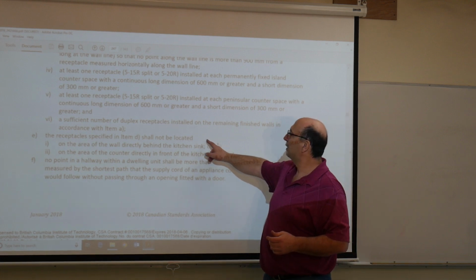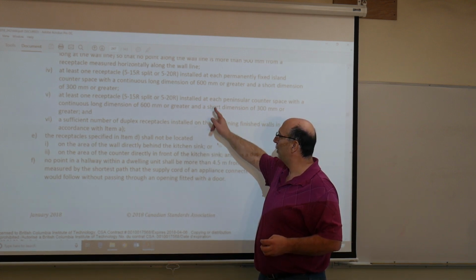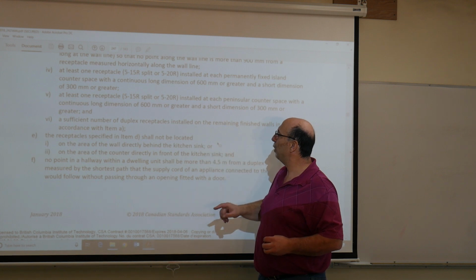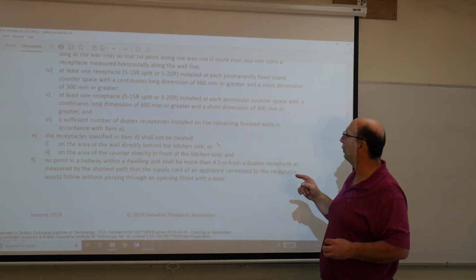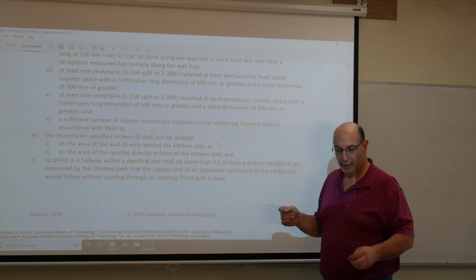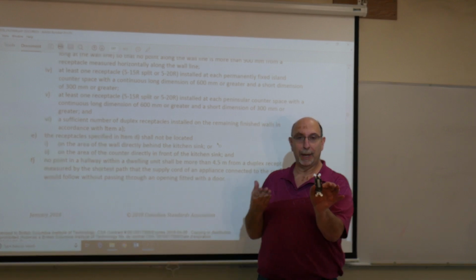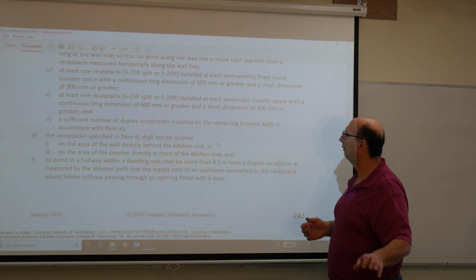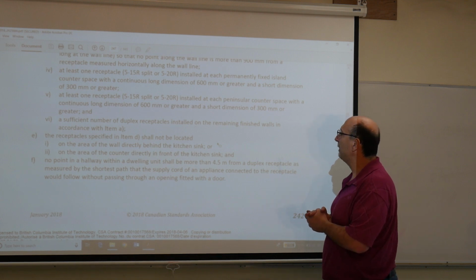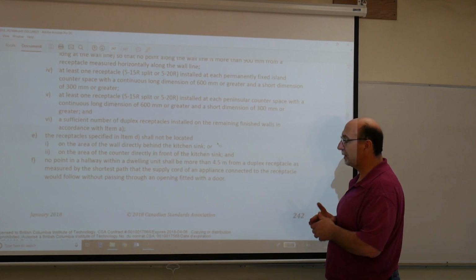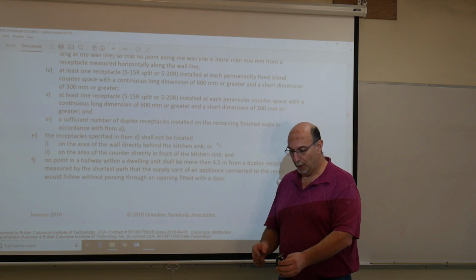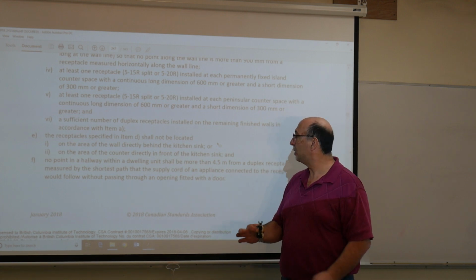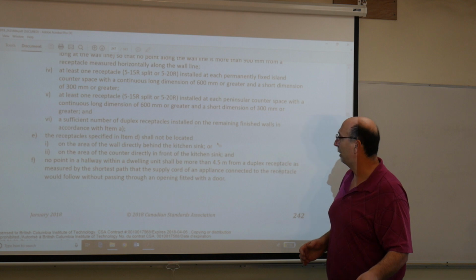The receptacles specified in item D, so above, shall not be located on the area of the wall directly behind the kitchen sink. You do not want receptacles behind the sink because of water problems. On the area of the counter directly in front of the kitchen sink. You definitely don't want to have a receptacle in front of the kitchen sink. Once again, water problems.